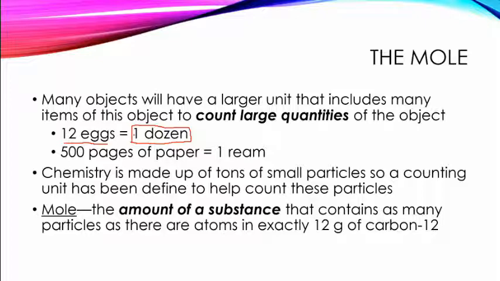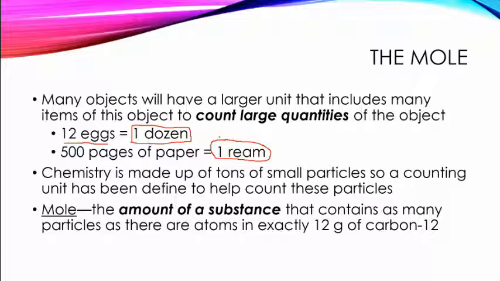The same thing goes for paper. A pack of printer paper is called a ream. So you can say you have 3 reams of paper or 3 packs of paper versus counting the individual pages. These are known as counting units, and again, the purpose is to help count large amounts of objects.